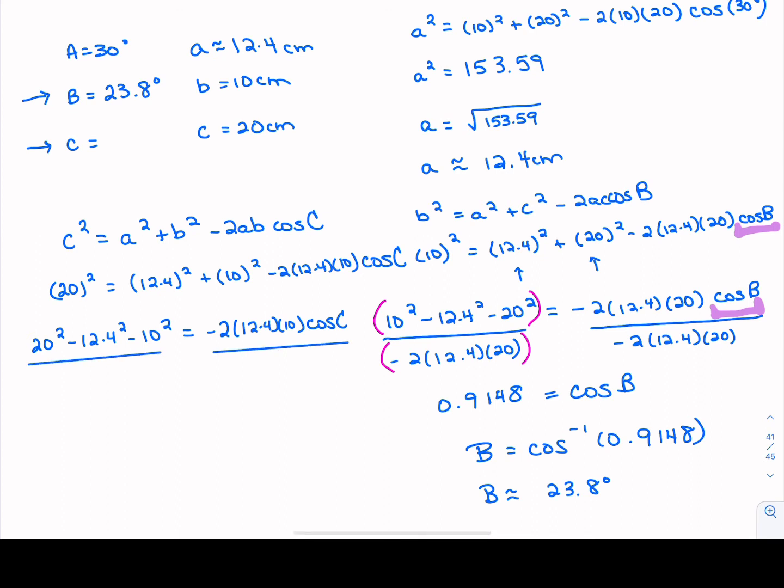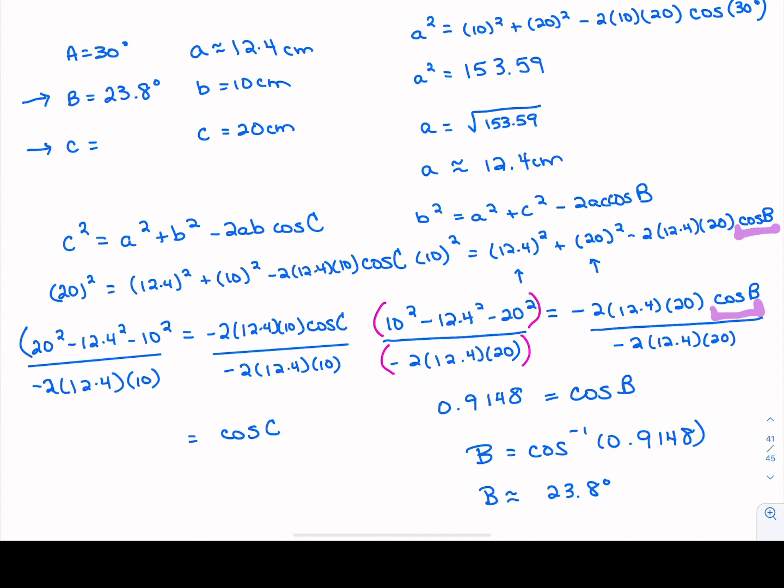And when we divide, we need to divide by -2 times 12.4 times 10. So we carry out that plan and work out our division for cosine C.